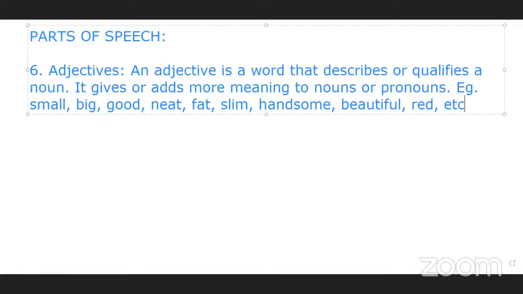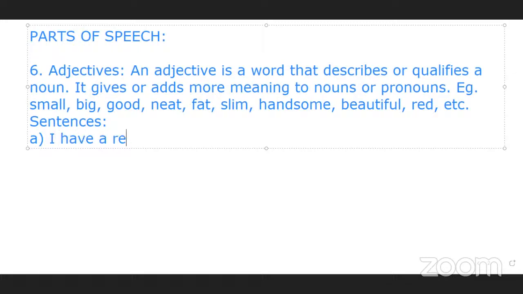So now let's give some examples, some sentences. Look at all the examples we've written. Can we give some sentences? Yeah. I have a red book. So which one is the adjective here?